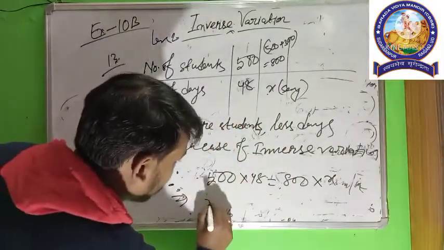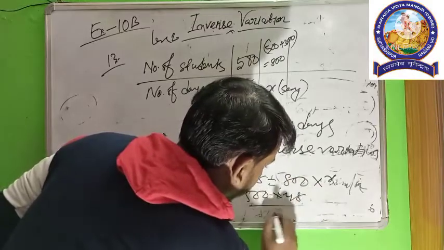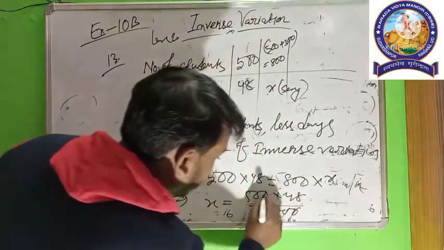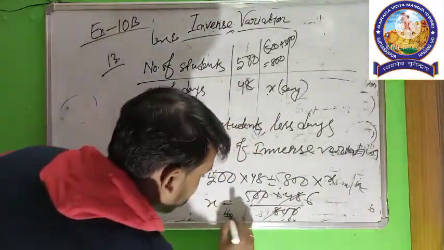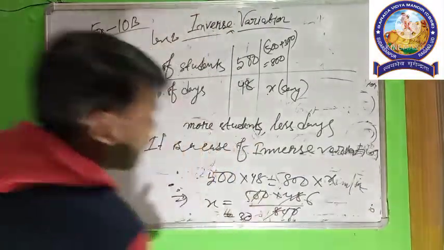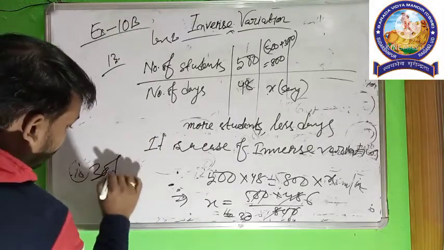So what is the value of x? x equals 500 into 48 by 800. The zeros will cut. 8 sixes are 48, so now 5 sixes are 30. So the answer is, the required number of days is 30 days.